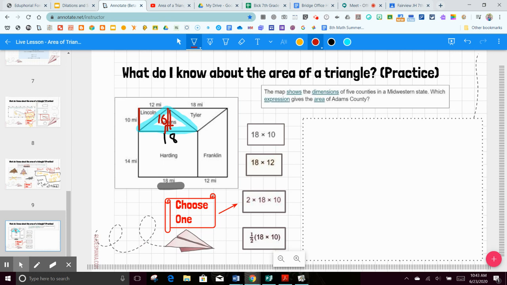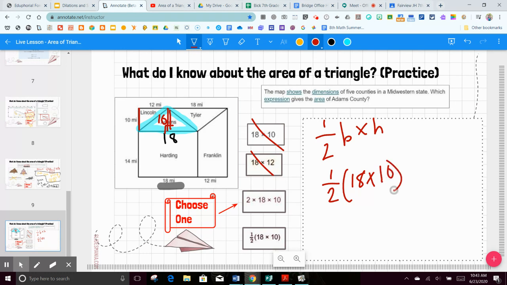Okay, so we're going to start with our formula, 1/2 base times height. Therefore, this one is gone and this one is gone. And then our base is 18 and our height is 10. There's only one answer choice that gives us that exact measurement.